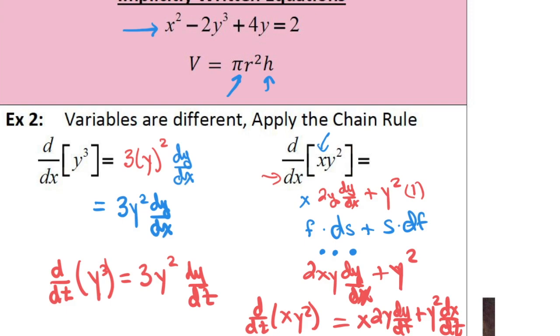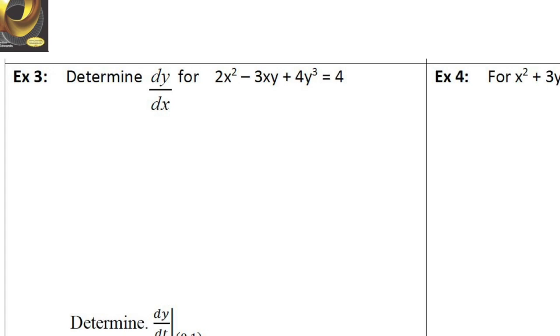So it's important to make certain you understand what you're finding the derivative of as you look at each individual piece. Implicit differentiation is going to take a little bit of practice on your part.